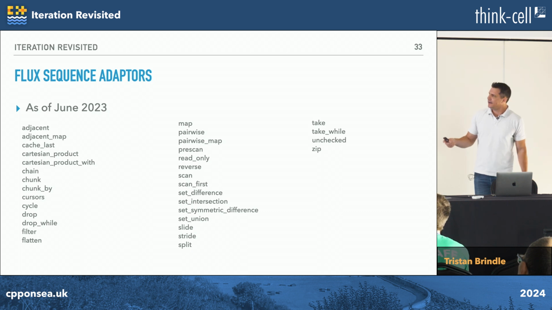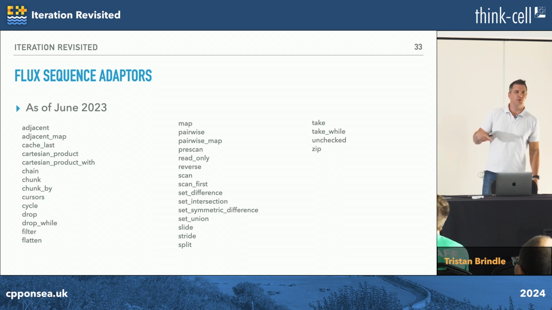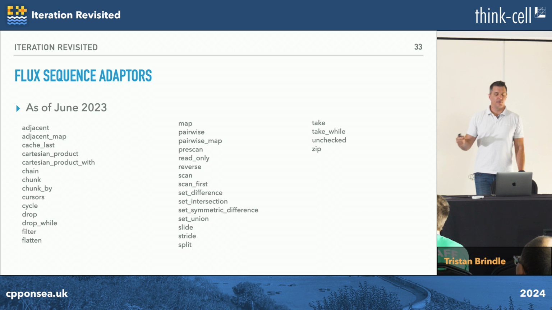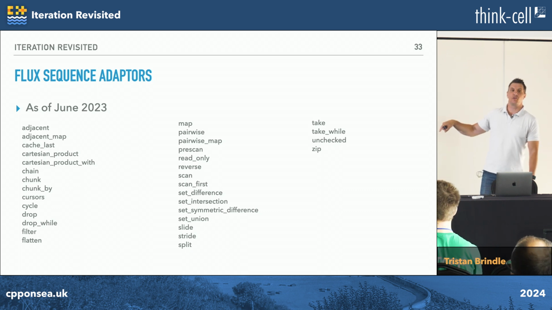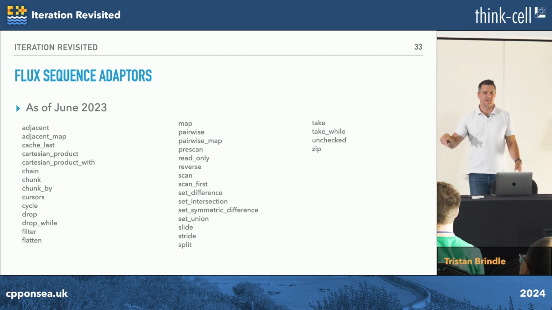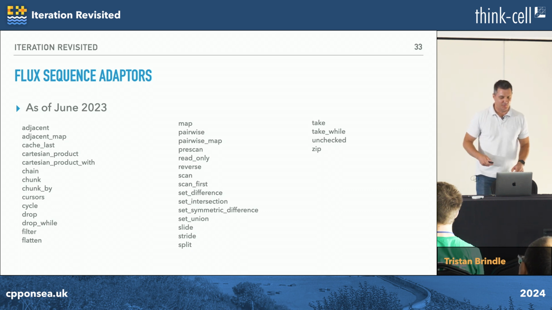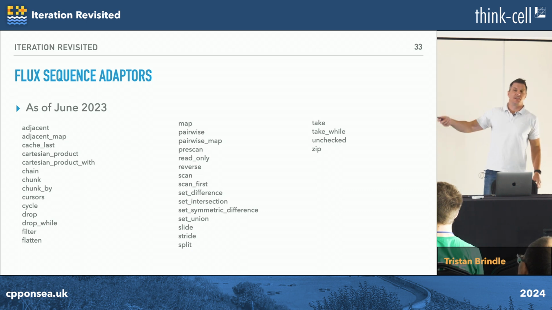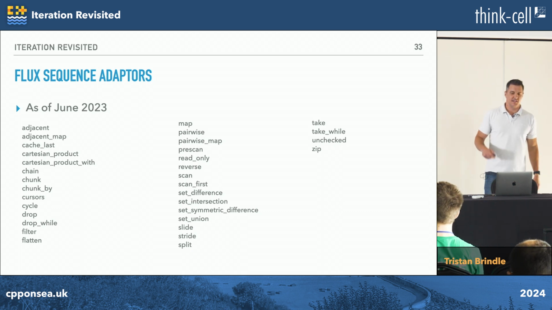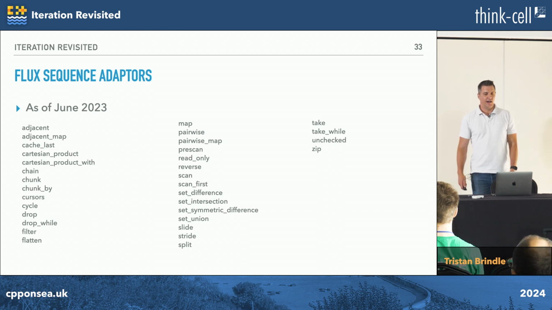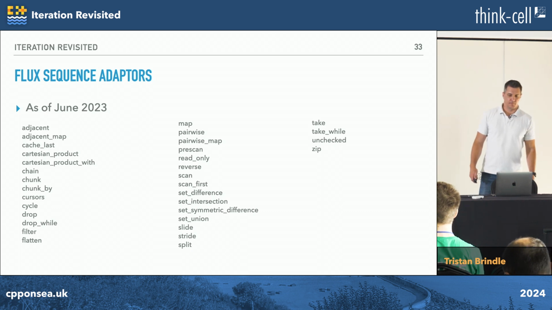So these are, I think, it was at the time anyway, the equivalent of all of the adapters that were in C++20 and the ones that are in C++23, and I think all the ones that have been proposed for C++26, although that might have changed, so I can't promise that anymore. But anyway, there are loads because as I say, I really like this stuff. We're getting more all the time. There are a couple more actually that aren't on this list as well. So there we are.